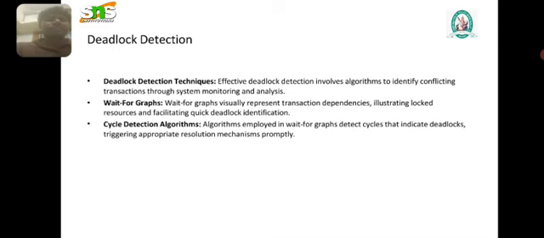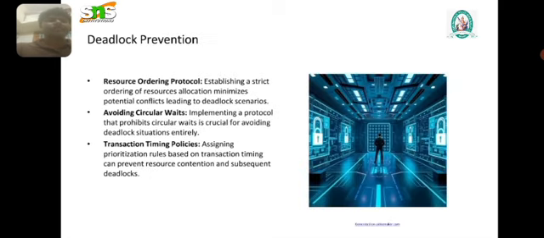The wait-for graph visually presents transaction dependencies, illustrating locked resources and facilitating quick deadlock identification. Cycle detection algorithms employ the graph to detect a cycle, which indicates a deadlock, triggering the appropriate resolution mechanism promptly.